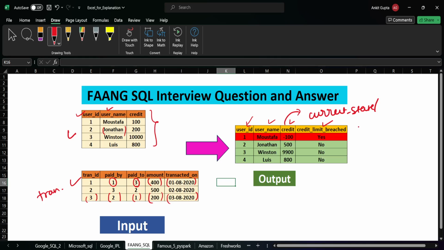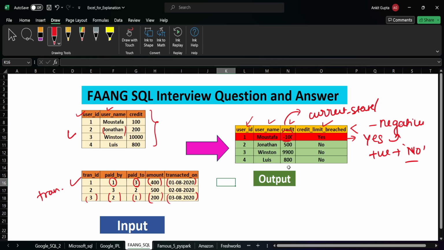What this column says is, if the current state after the transaction is negative, then that particular customer has breached the limit. So since this is negative, we need to print yes for the negative credit score, and if it is positive, then we need to print no. So this is what we need to calculate.